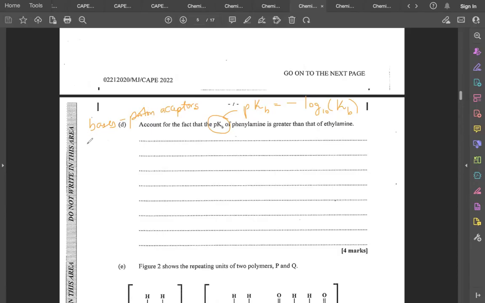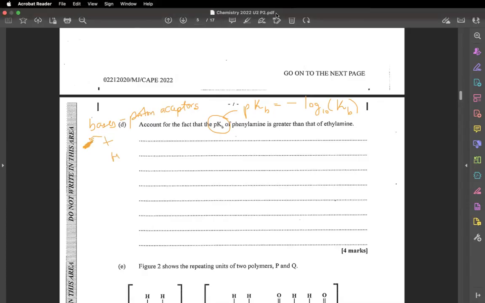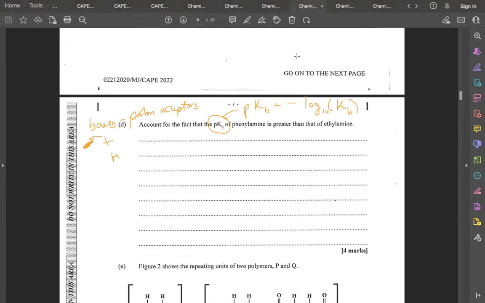So we want to end up having a more negative center, because negative is going to be good for us since we want to attract a positive, which is our proton. So we want to be as negative as we can be, okay? So that's where we're going with this. Keep that in mind.